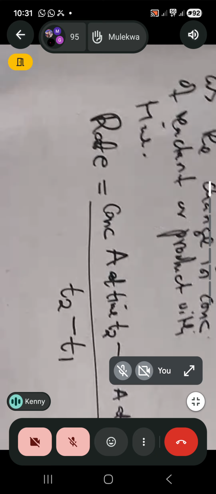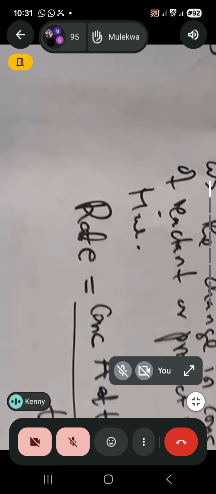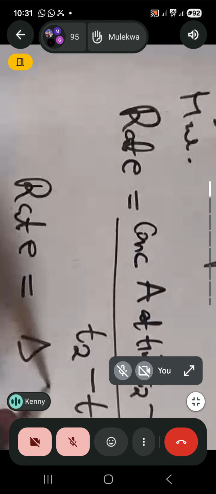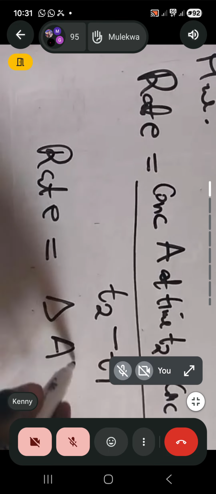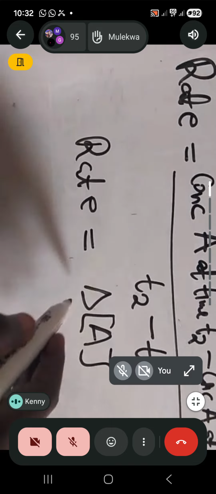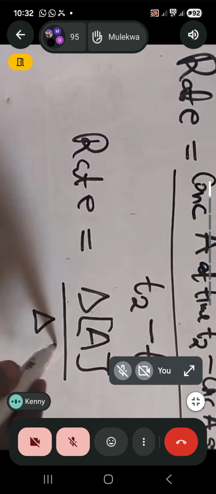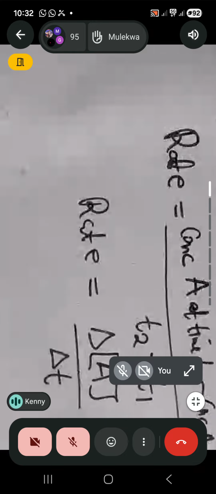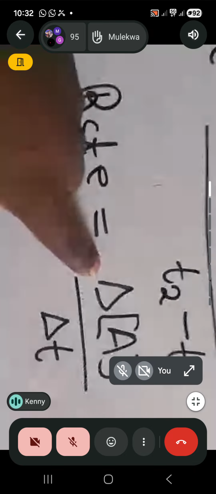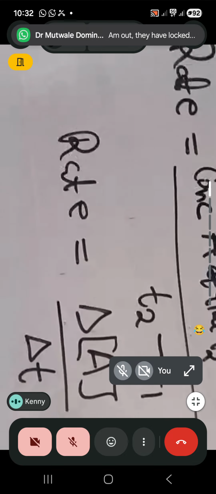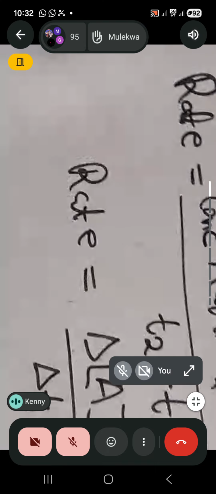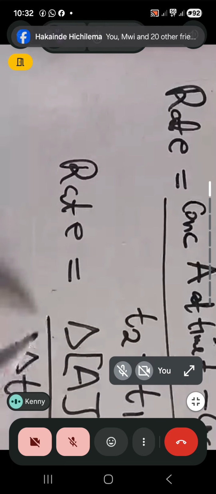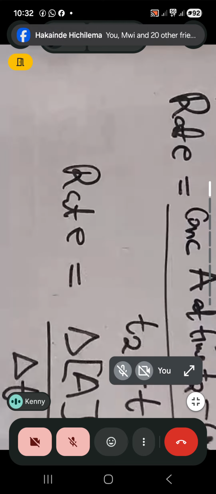So this means now rate is equal to delta A over delta T. Here we can say rate is equal to change in concentration of A over change in time.